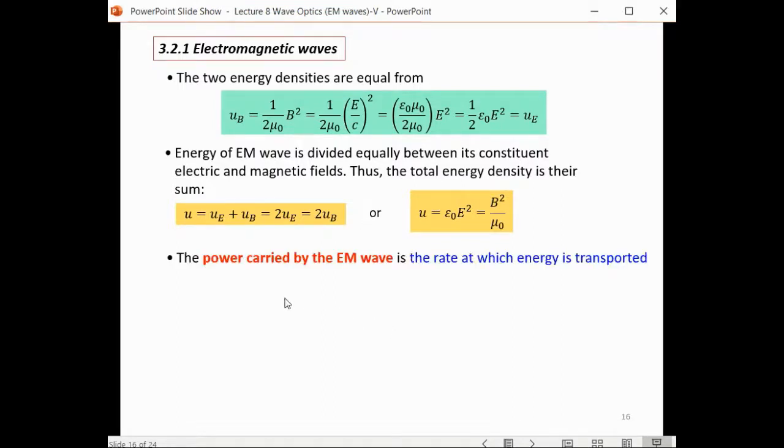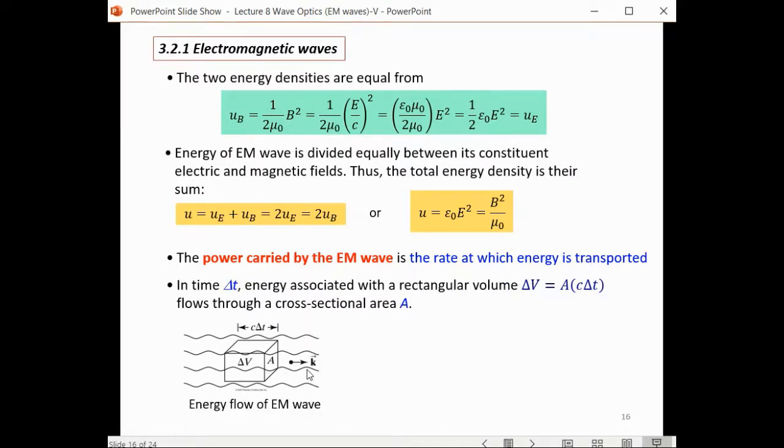Now, the power is defined as the rate at which energy is transported by the EM wave, and its expression can be obtained by considering a time interval delta t, where the energy flow of the wave is associated with a volume delta V, that's shown here, of cross-sectional area A multiplied by the distance that the energy flow of the EM wave has made, that's equal to c multiplied by delta t.